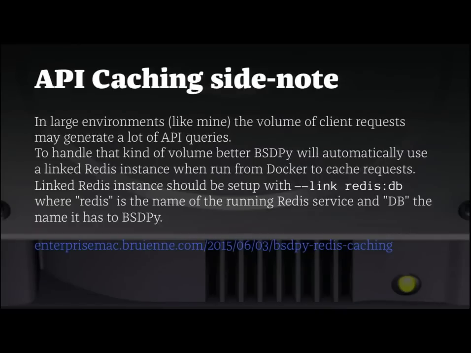So once it sends out one request, it throws it in the key value store, and will not make another request to the API for, well, you can tweak it. Right now I have it set for about 15 minutes. So if a client sends a lot of requests, one gets sent to the API and the rest will be retrieved from the key value store. That cuts down about 95% of duplicate network traffic. This may not be useful in a smaller environment, where the traffic isn't really a problem.